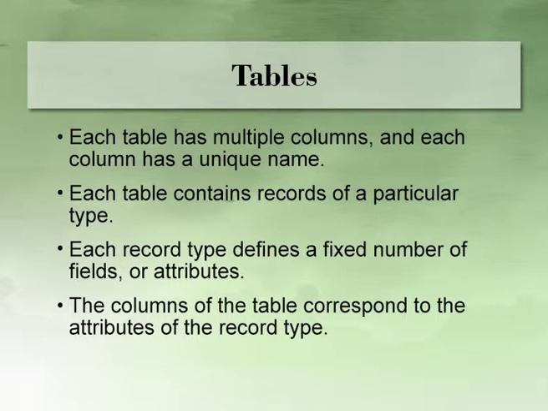In the earlier example, for the student table, we had identified student ID, student name, course registered for, address 1, address 2, pin code and state. Each and every column is called a field and has a unique name. Each table consists of records of a particular type.